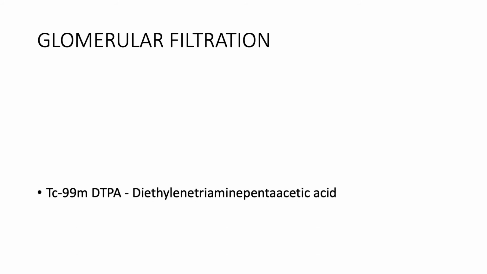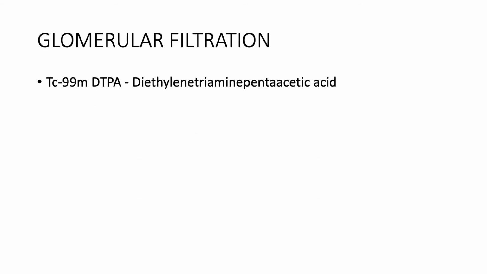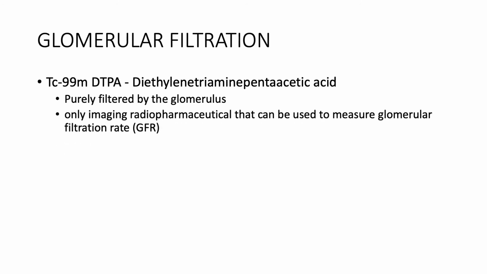For radiopharmaceuticals excreted via glomerular filtration, technetium-99m DTPA, or diethylenetriamine pentaacetic acid, is the only radiopharmaceutical available for routine imaging that is purely filtered by the glomerulus. Consequently, it is the only imaging radiopharmaceutical that can be used to measure glomerular filtration rate, or GFR.